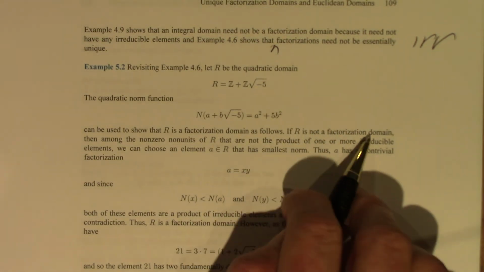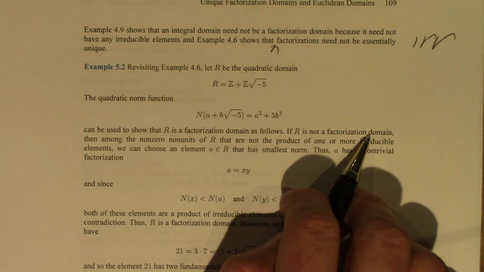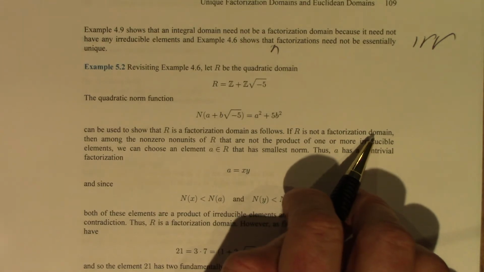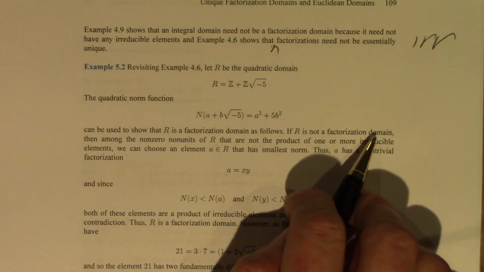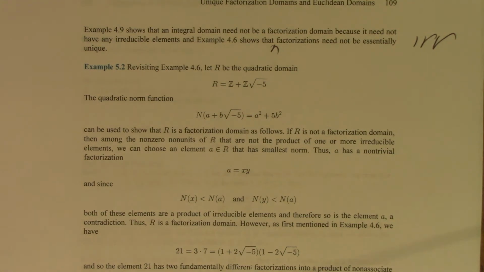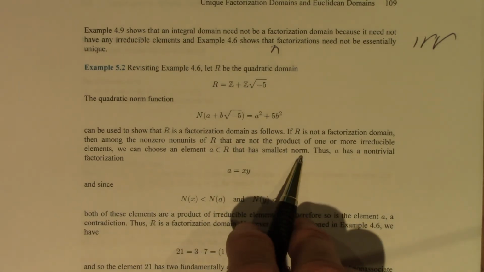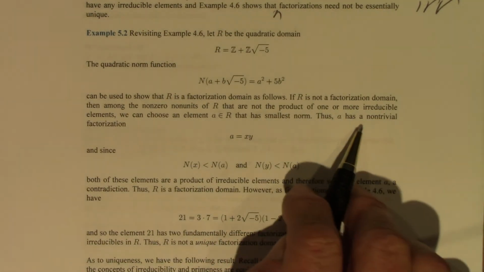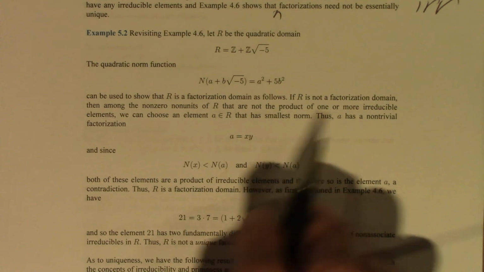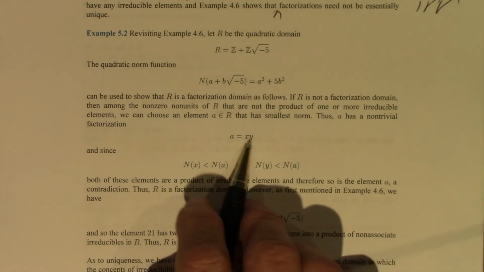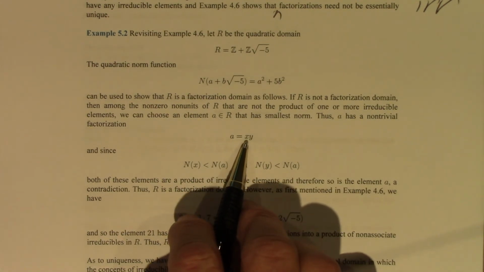If R is not a factorization domain, then among all the non-zero non-units of R that are not the product of one or more irreducibles, we can choose one, call it a, that has smallest norm. Now we have a problem. a, therefore, has a non-trivial factorization because it's not irreducible.